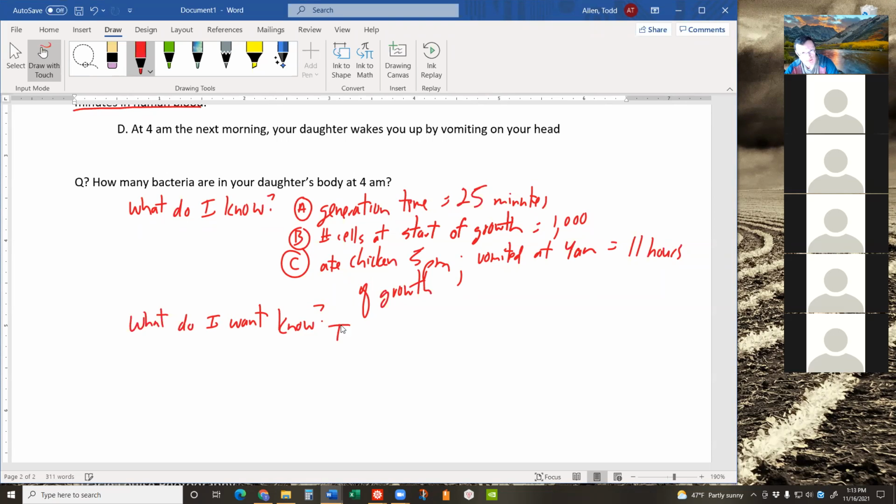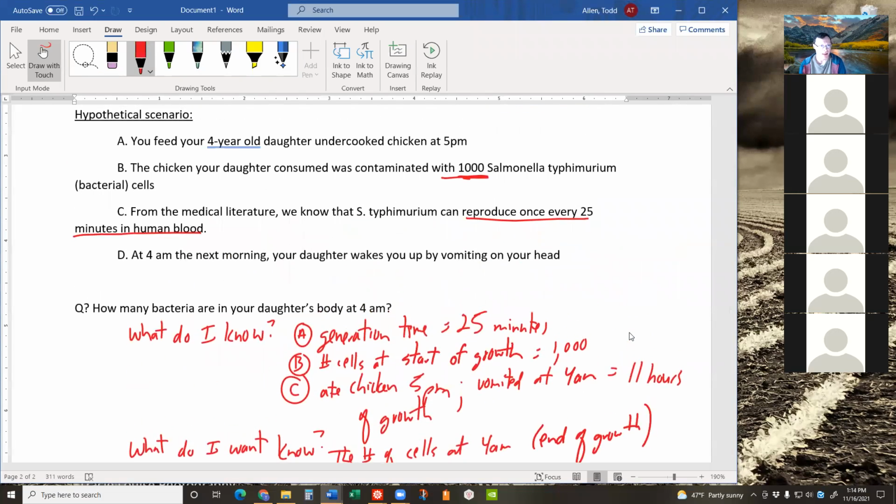The number of cells at 4 a.m., basically the end of growth in our current problem. Okay, so that will come up.